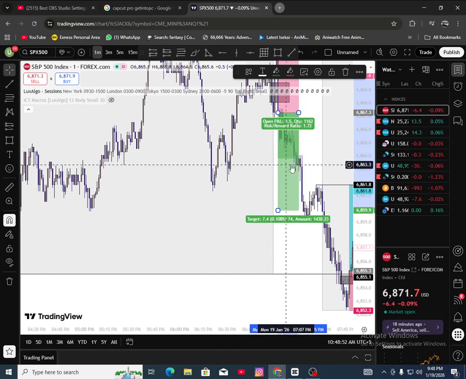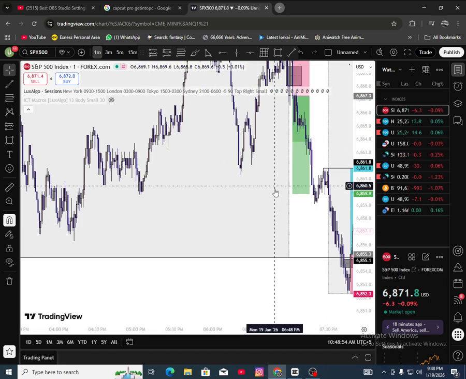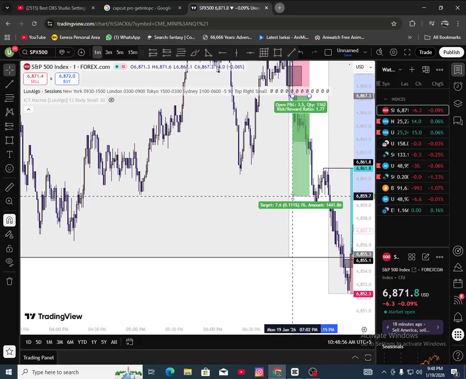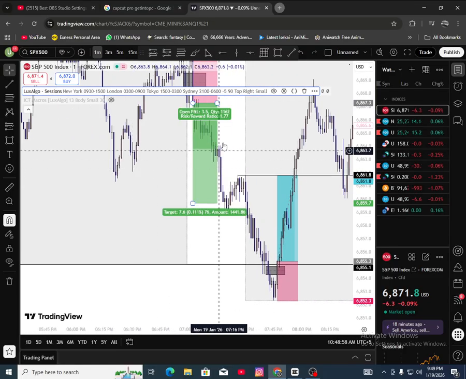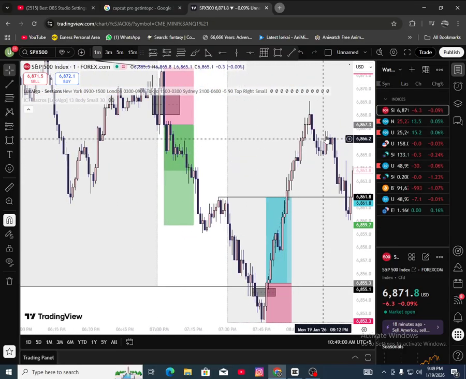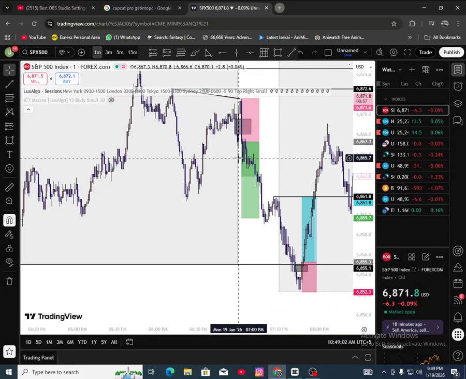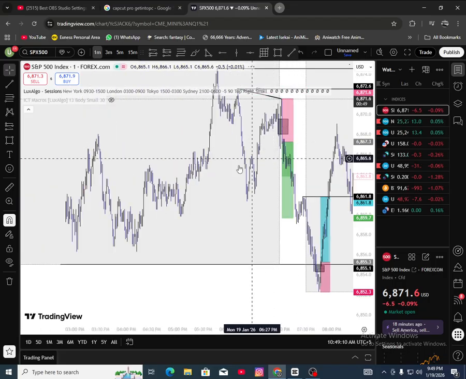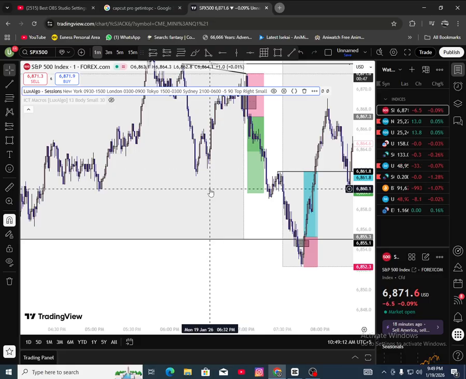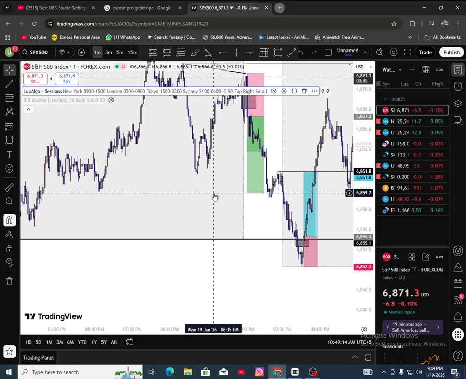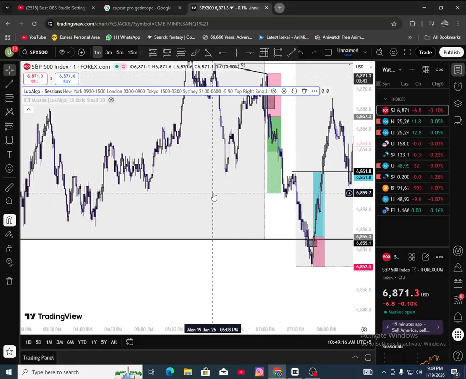It was a 1.7 RR trade, and it was good because it's pre-market, so enter and exit a little faster. Because if the market opens and you are in a trade, there is a lot of volatility and you can get cooked in that market. So make sure you exit before market open.